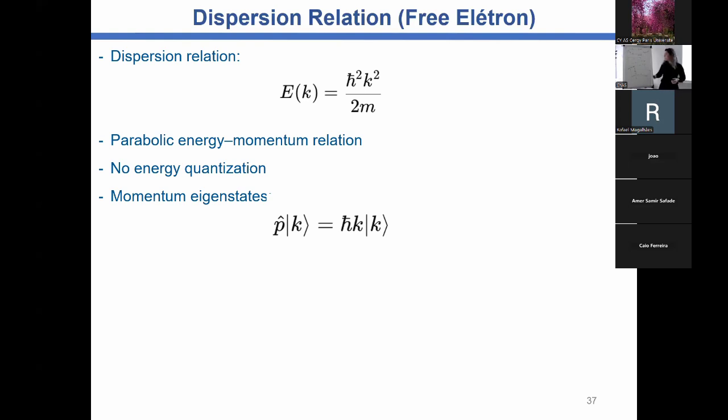And we know in every position exactly the energy of this particle. So in this way, we don't have a quantization of energy. It means that in the case of a free electron, the energy of the electron is not quantized.